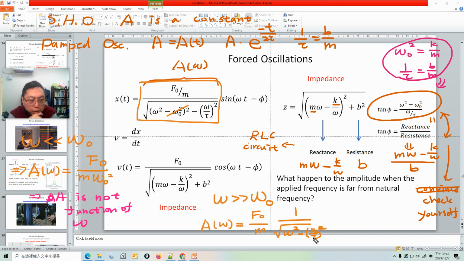Omega is way larger than omega zero. What can we do for this? Omega square, tau square m omega square.